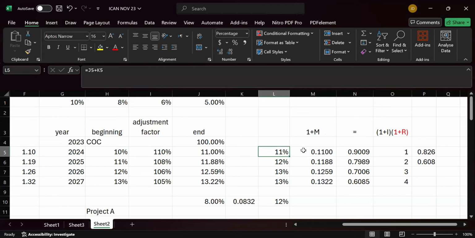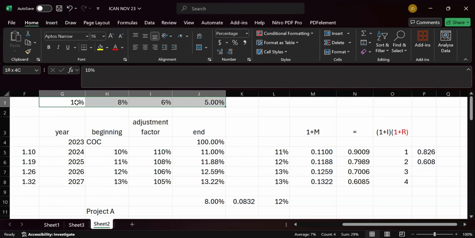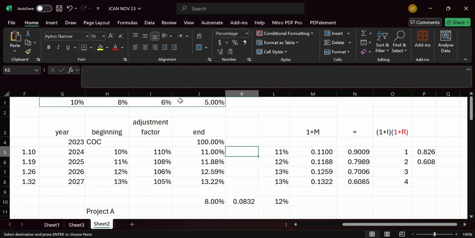After that adjustment, what do I need to do? I need to add the inflation to it. It's after adding the inflation that it becomes the nominal cost of capital. And these are the various inflation rates. So I'm adding inflation to the adjusted cost of capital here to get the nominal cost of capital.